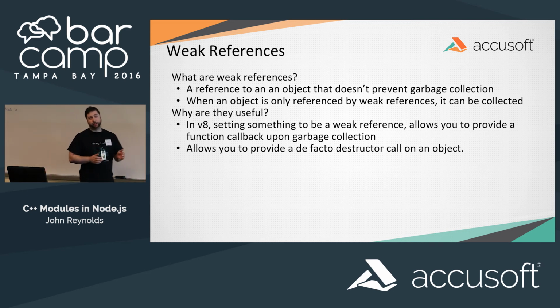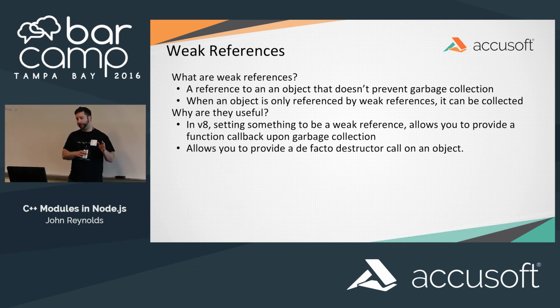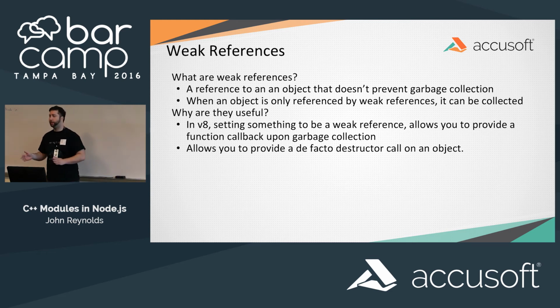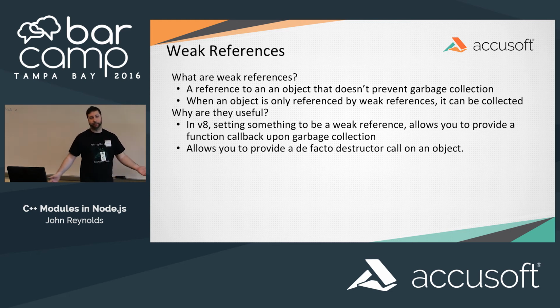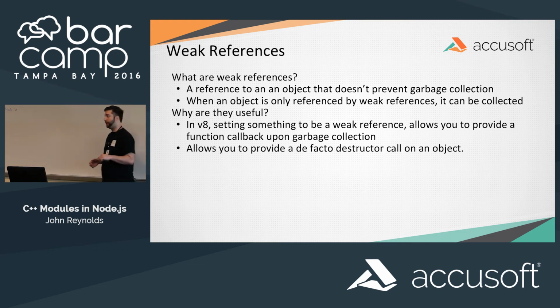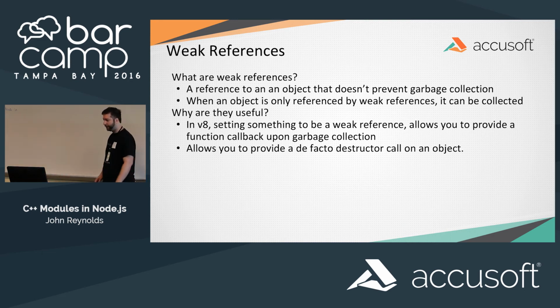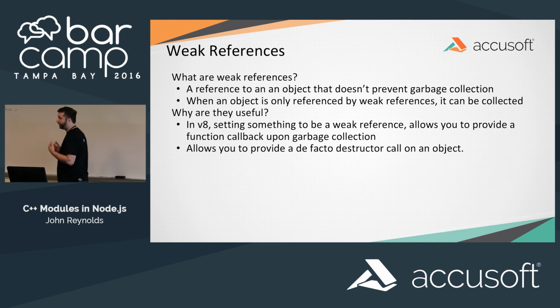So in JavaScript, when you create a reference to another object, anything that's live that's referencing another object, that thing cannot be garbage collected because it's currently being accessed by something, right? It's being referenced. So we are allowed to create, on the V8 engine, and technically the WREF library on the Node.js side allows this as well, which is effectively what we're doing here, weak references.